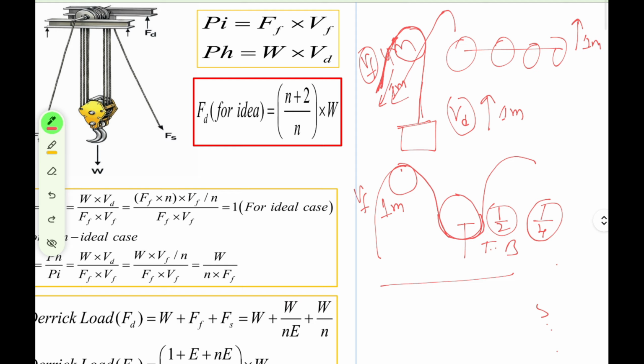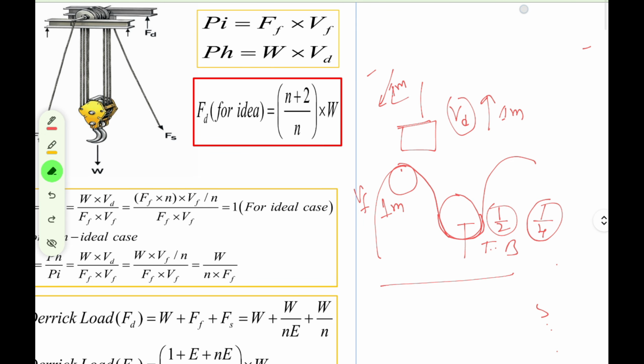Now let me write one of the relationships so that you don't get confused. Remember this part.